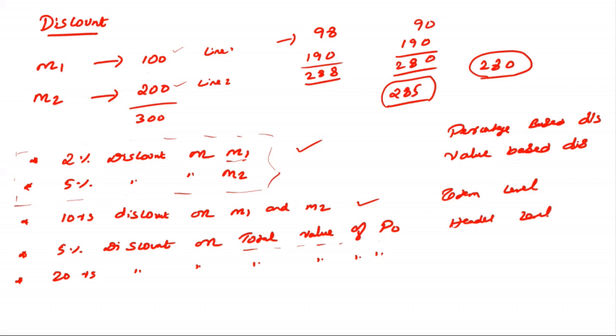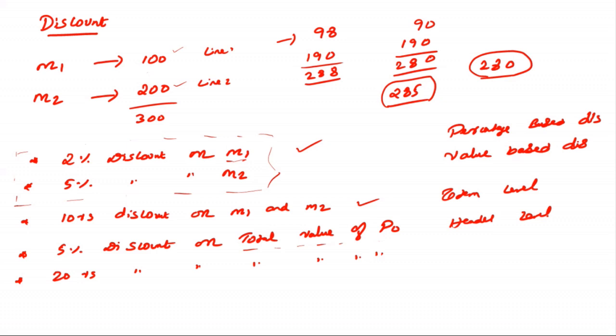So discounts are of two types: percentage-based and value-based. And they can be at two levels. One is the item level, that is nothing but item conditions. When you're talking about the total value of the PO, the discount falls under header value, that is nothing but header conditions. So this is regarding the discount.